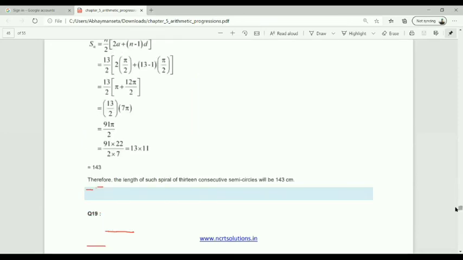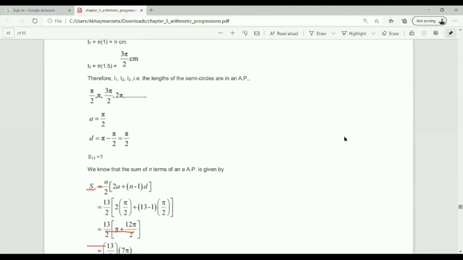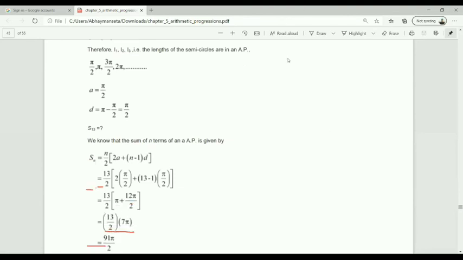The formula of Sn is n by 2 into 2a plus (n minus 1) into d.